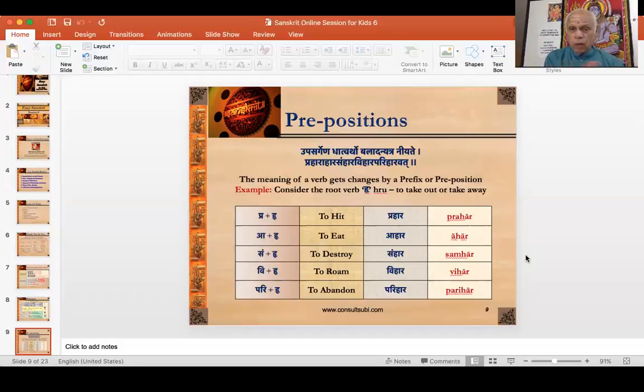So you see how in Sanskrit with one root, you keep adding a prefix, you get a preposition. By prepositioning, you add a prefix to your root, a dhatu, and you get a new word. So you have many of these such examples. I've given you about 5 of them.